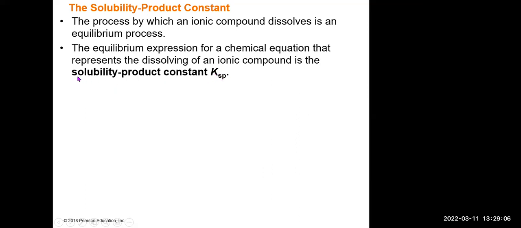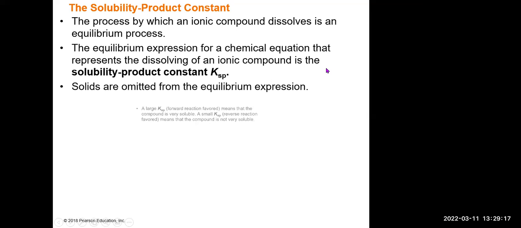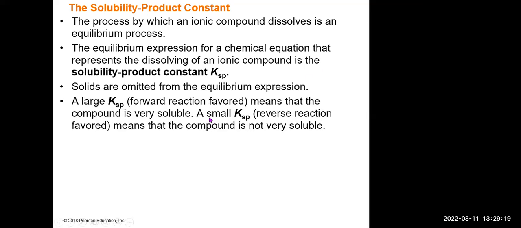S comes from solubility, and P means product. Product means multiply. Solids are omitted from the equilibrium expression. A large K sub SP, the forward reaction favored, means that the compound is very soluble. A small K sub SP, the reverse reaction favored, means that the compound is not very soluble.